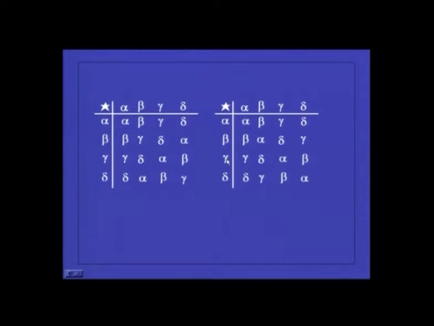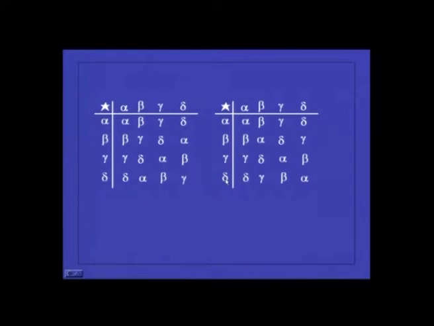Take gamma, can it be a generator? Gamma into gamma is alpha, gamma squared is alpha, gamma cubed will be alpha into gamma, gamma, gamma power 4 will again be alpha, and so on. So, with gamma you will be able to generate only gamma and alpha, not beta or delta.